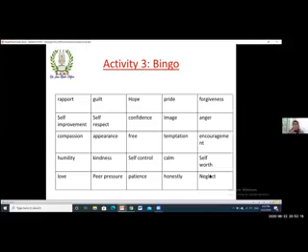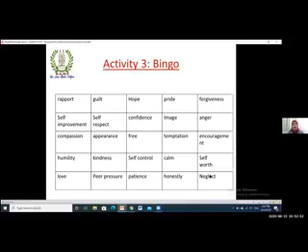They have 25 squares, and they write numbers in any order, not 1, 2, 3, 4, any order they know, and the other students say omit 7, omit 1, omit 3, and the winner is who completes the column of omitted numbers. But we can use the bingo activity in our classroom.